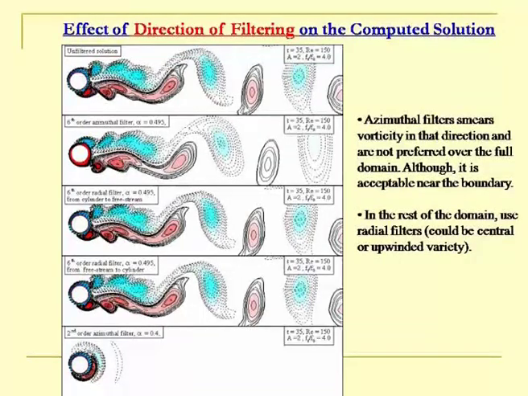Okay. Now, if you switch over from an azimuthal filter to a radial filter, and you start from the cylinder surface all the way in the full domain in the free stream, then you get a solution which actually looks like what you have in the unfiltered solution. So, basically it tells you that you have to understand the physics of the problem, because what happens, the flow is coming from left to right, and then a boundary layer kind of forms, and that is separated by this rotary oscillation.